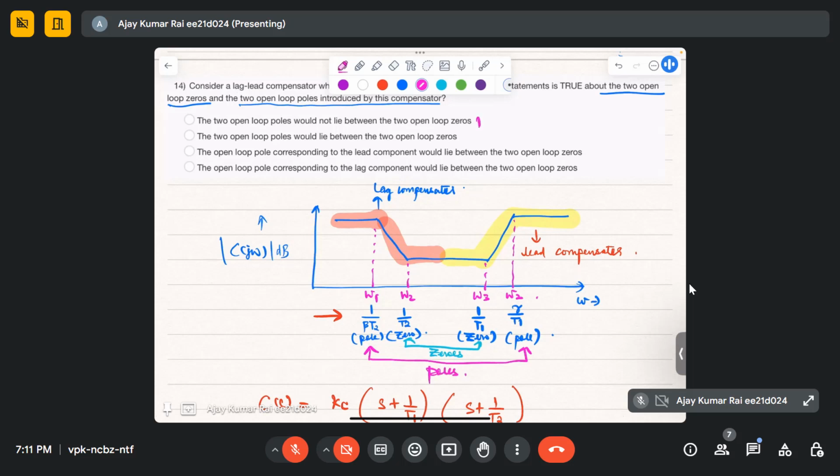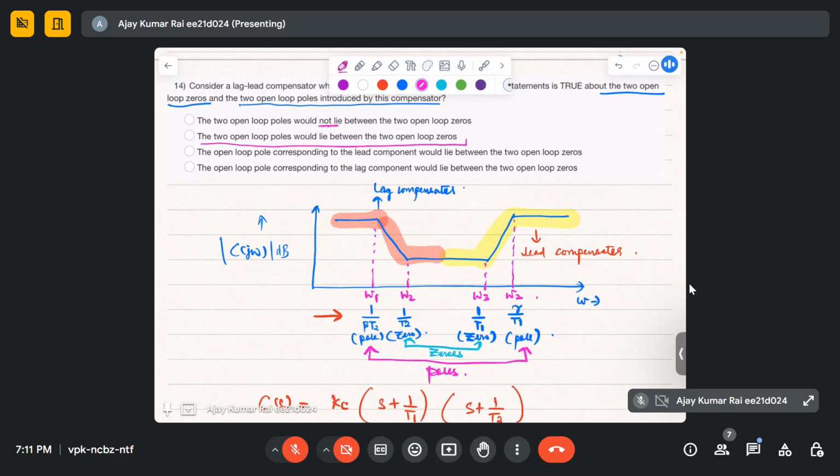Okay, second, this is false. The second statement, two open loop poles would lie between the two open loop zeros. Let's answer the second statement first: the two open loop poles would lie between two open loop zeros.